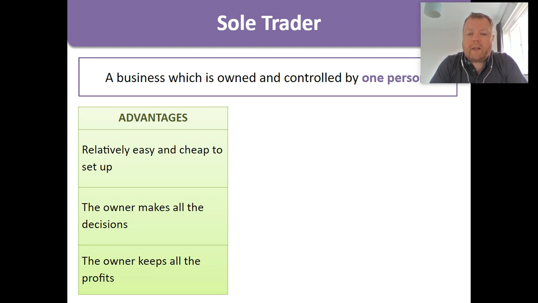Now, a profit is the money that the business makes after it's paid out its expenses. So remember, Bill could have employees and he'd have to pay their wages, he'd have to pay taxes, he'd have to pay for insurance, he'd have to pay for rent on his business, he'd have to buy motor cars. There's loads of expenses he'd have, but if there's any money left over at the end of the month, it's Bill's because he gets to keep all of those profits.